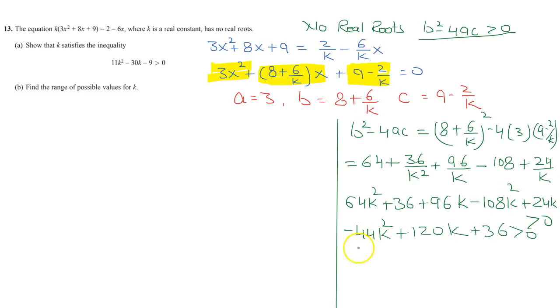Now divide each term by negative 4. So we are having 11k square minus 30k, and this is minus 9.